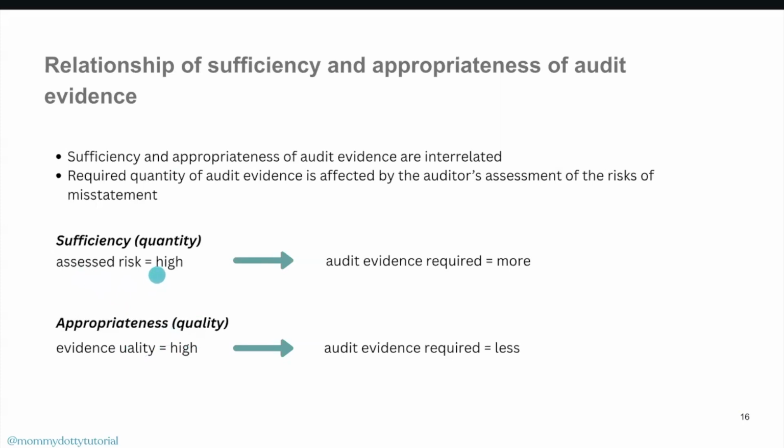If the assessed risk is high, that's what we were talking about a while ago, no? If the assessed risk is high, audit evidence required is more, or I just use an arrow high. That's how I look at it. But for the quality, if the audit evidence is high, then the audit evidence required now is less. That's how I look at it. Okay.